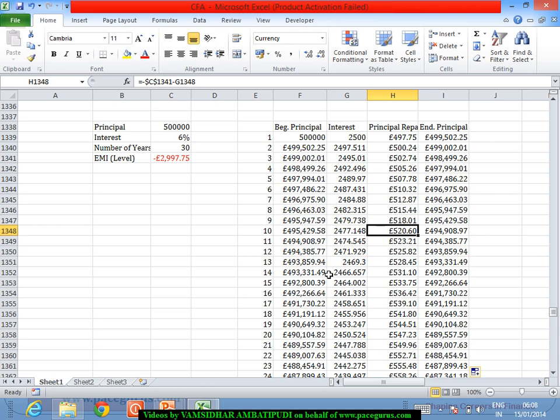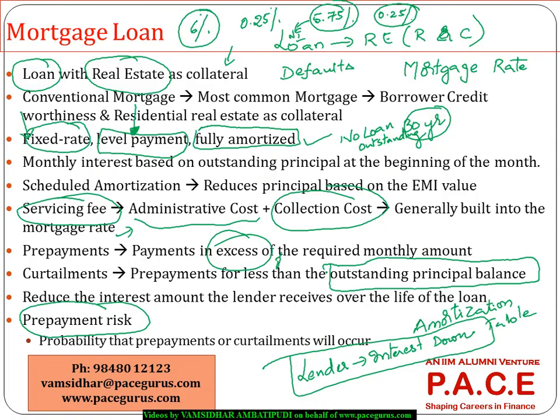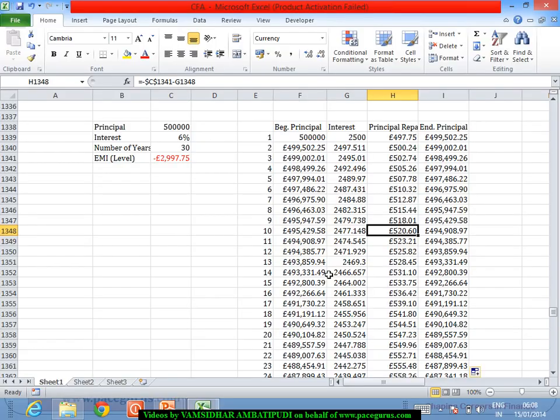Generally, using a spreadsheet, this can be prepared quite comfortably, and whatever prepayment there is, even that could be built into the model, which could result in acceleration of the mortgage loan, or sometimes if the necessary payment is not being done, it can even extend the period of the loan.